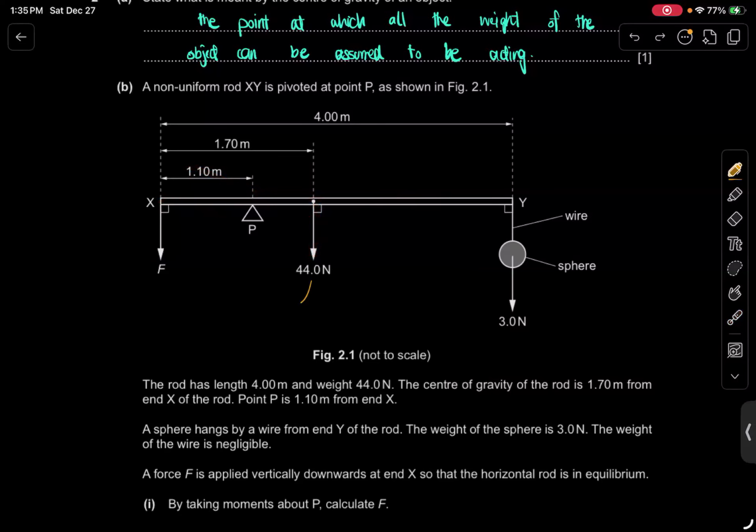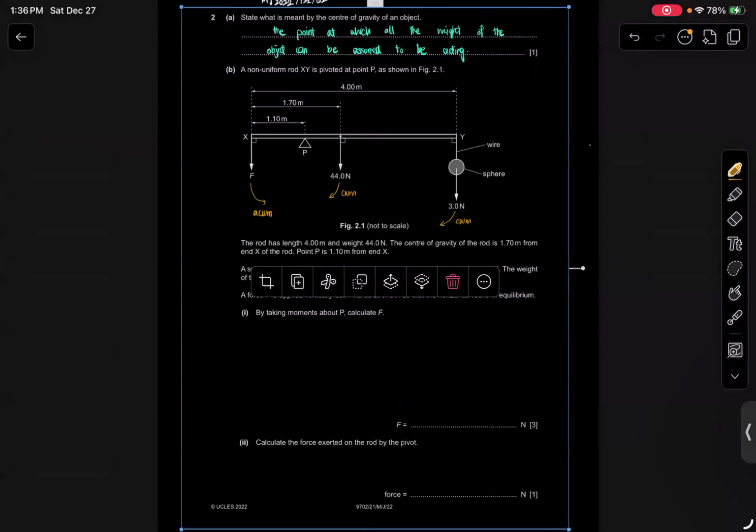So that means this is going to provide a clockwise moment. And so is the sphere. The sphere is so much further away, it's going to provide a very strong clockwise moment. And force F is going to make the bar turn anti-clockwise.